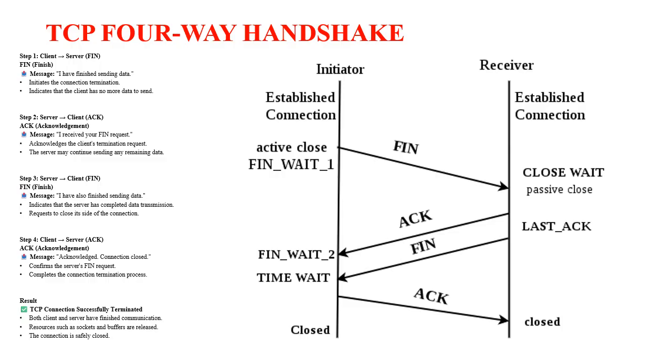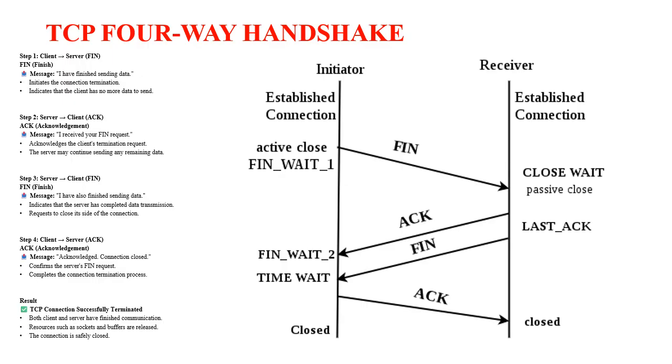After all the data has been transferred, the connection must be closed properly. This is done using the four-way handshake. Let's understand each step. Step number one, the client sends a FIN packet. This means I have finished sending data. Now the server responds with ACK, which means it is acknowledging the client's FIN request. However, the server may still have some remaining data to send, so the connection is not closed.